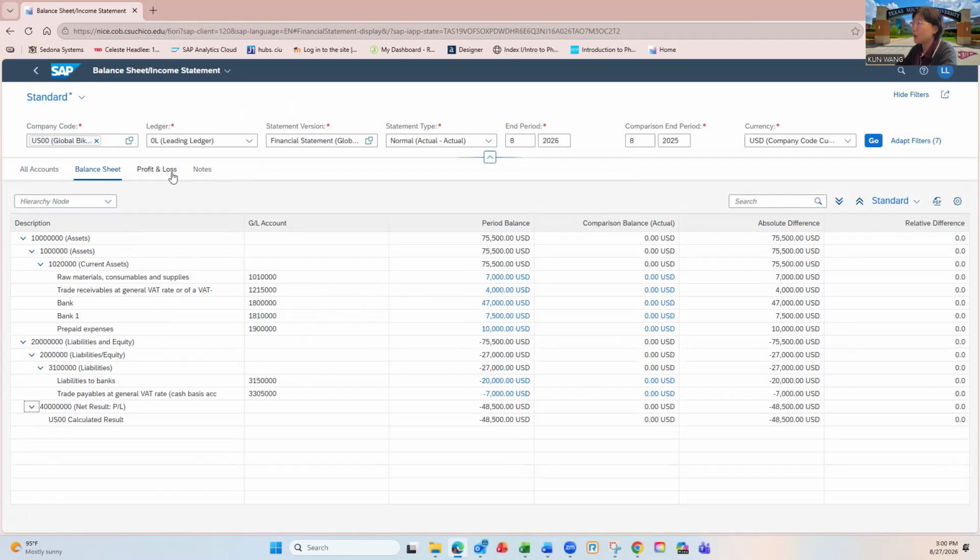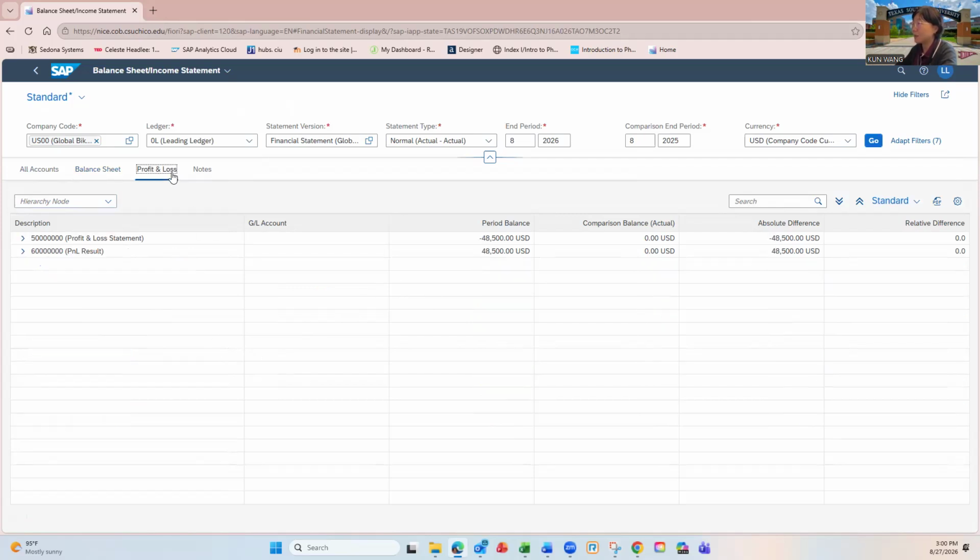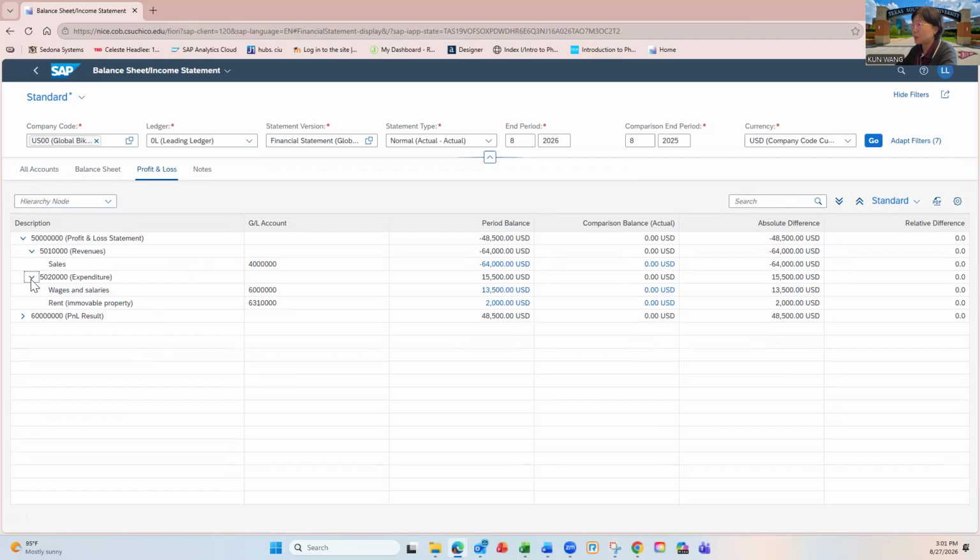Then go to the profit and loss. This is the income statement followed by SAP. Again, drill down, revenue and expense, and the net profit.